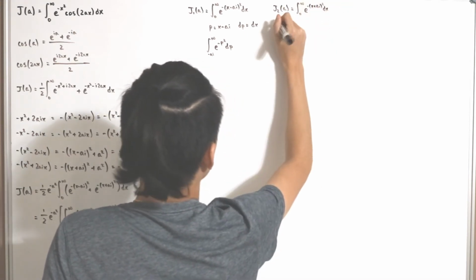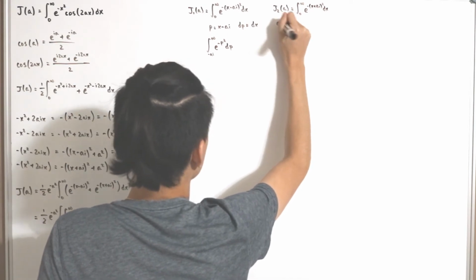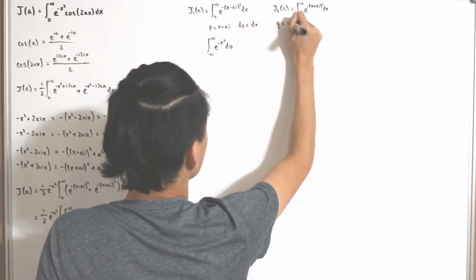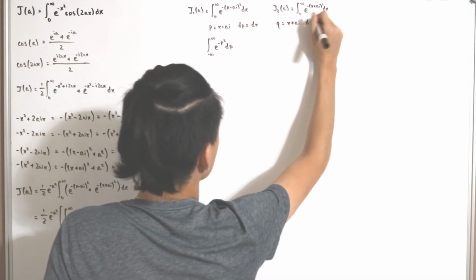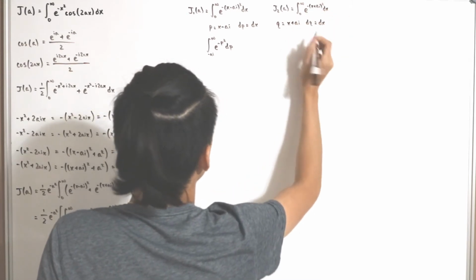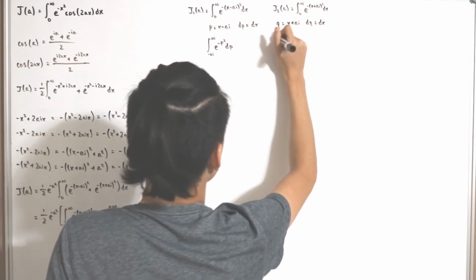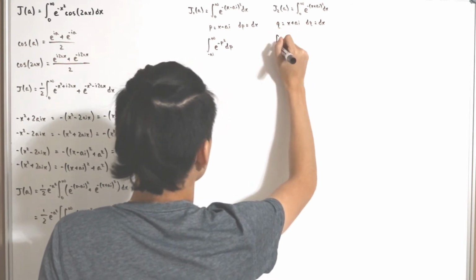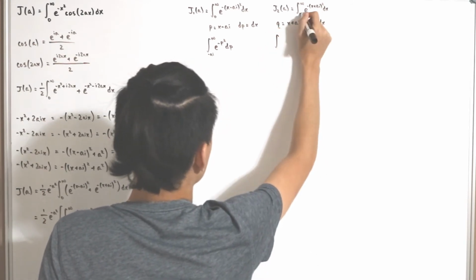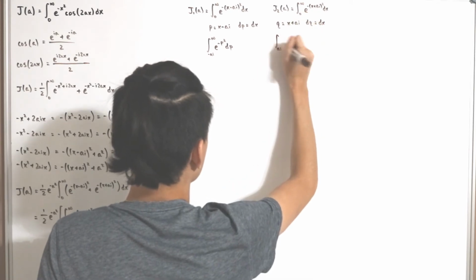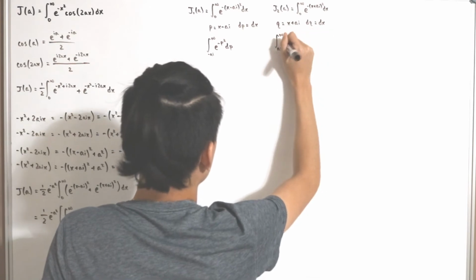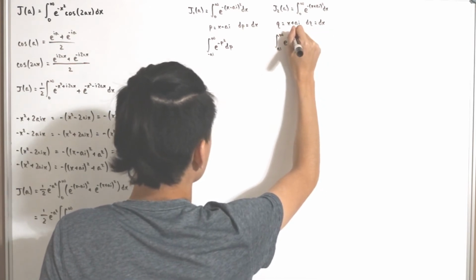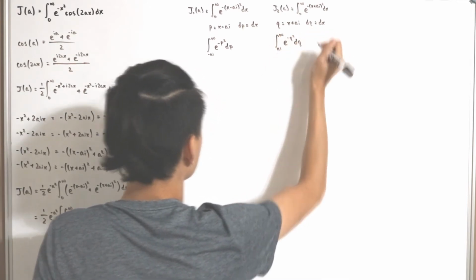This time I'm going to let q equal x plus ai, then dq is equal to dx. Then our new integral: as x is 0, our new bound in terms of q is ai, and the upper bound is infinity. And then we get e to the negative q squared dq.